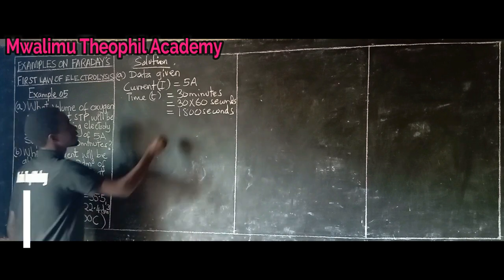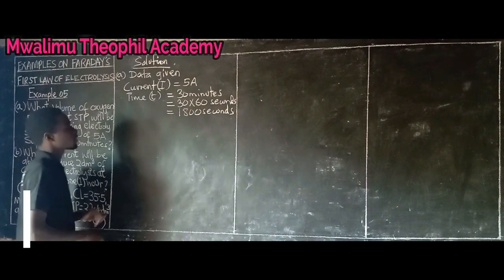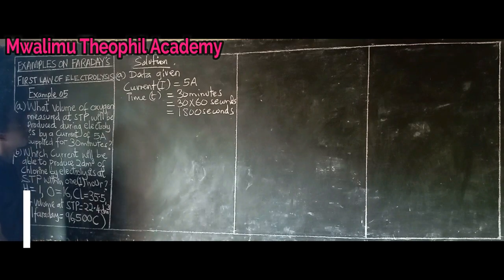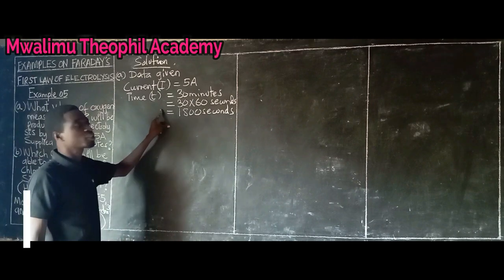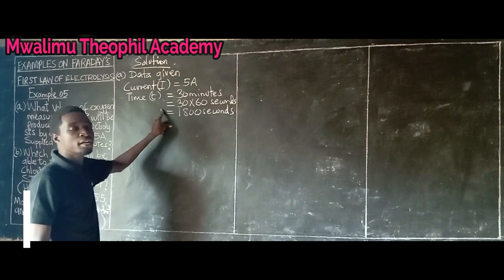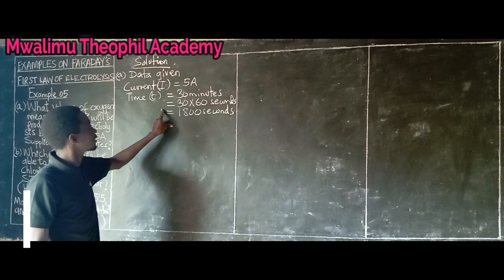Here, let us write the balanced chemical equation for this electrolysis. As we are told that oxygen gas was produced, it means that it was the electrolysis of hydroxide, which takes place at anode.